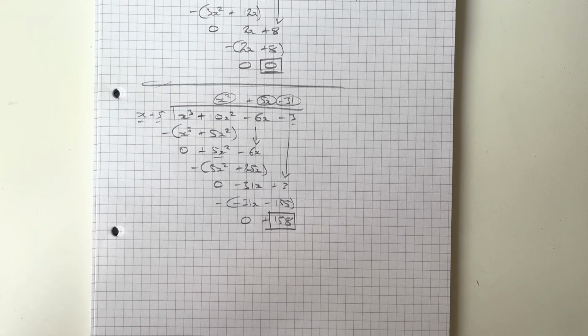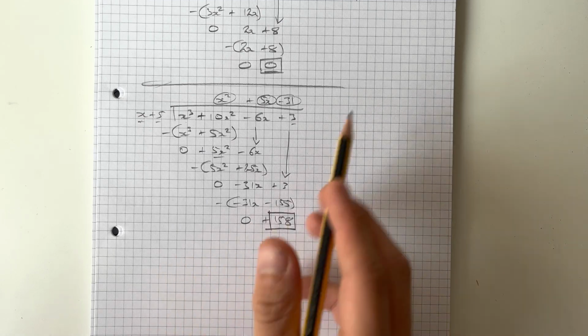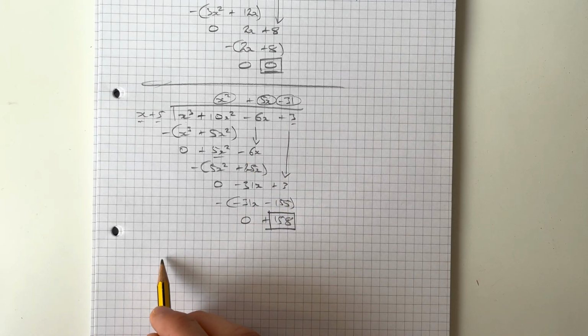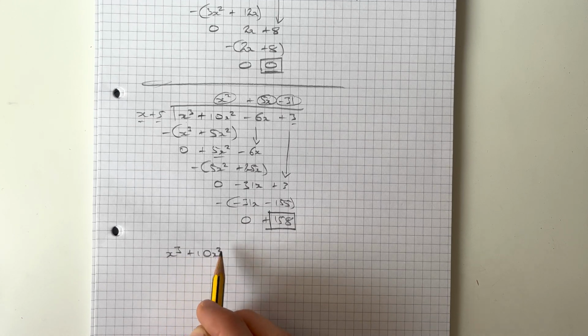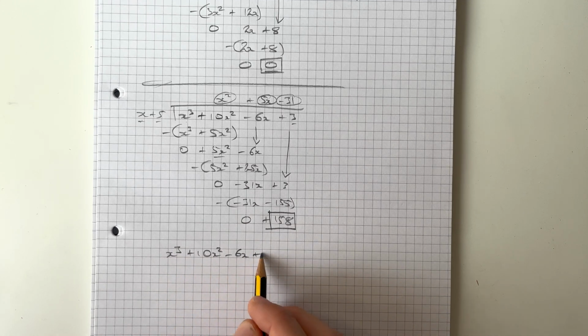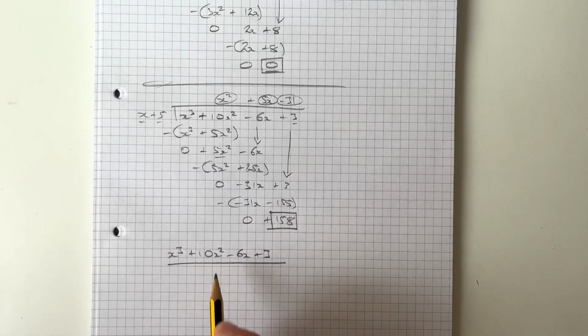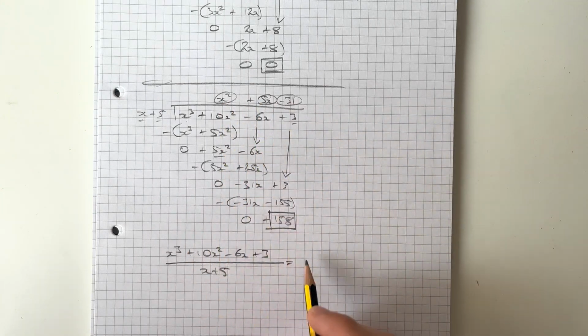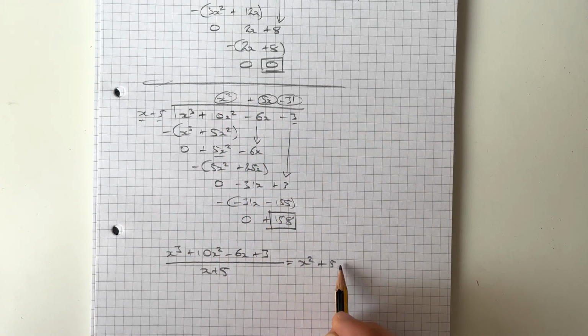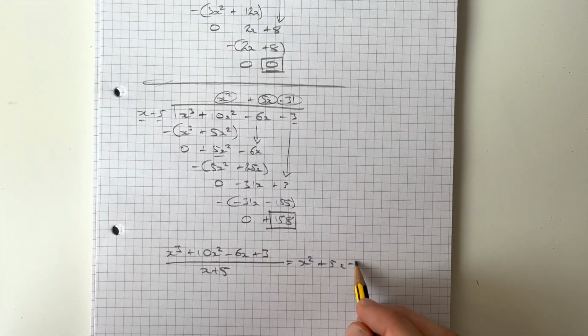It's a very big remainder, but it doesn't really matter the size of the remainder. It should always be the same. And what we can say now then, writing it very similar to last time, is that we have our original x cubed plus 10x squared minus 6x plus 3 divided by x plus 5 is equal to our answer, x squared plus 5x minus 31.